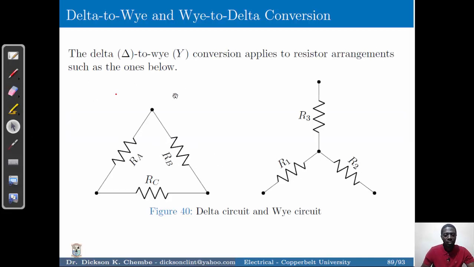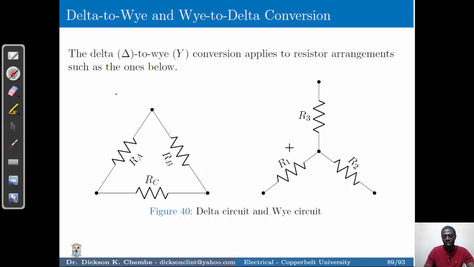Now, this is the delta, like I mentioned. You've got the delta where you've got the resistors as RA, RB, and RC connected in a delta format. And then this is the Y. So you notice that this is almost like an inverted Y. And this arrangement also can be converted into a delta.